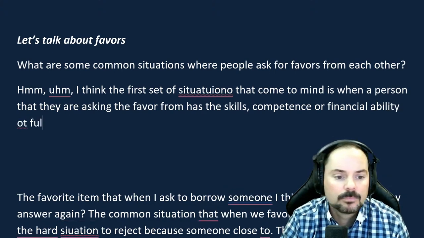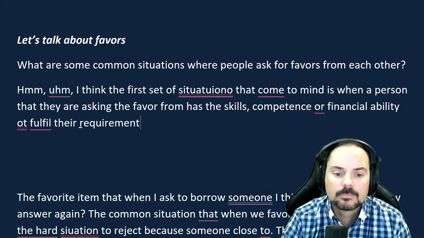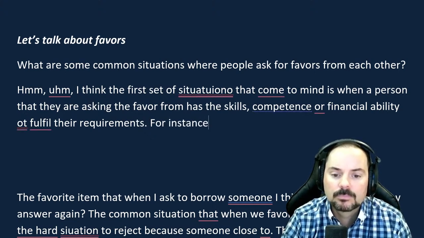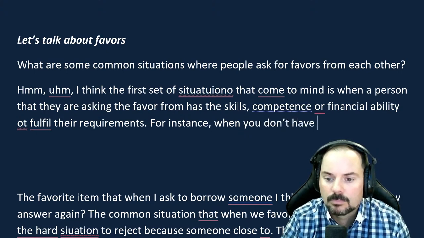For instance, when you are in a particular situation where you don't really have the know-how to get things done, you ask someone for a favor to help you fill the void.